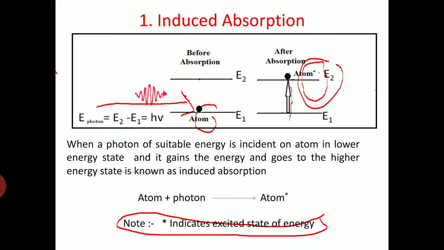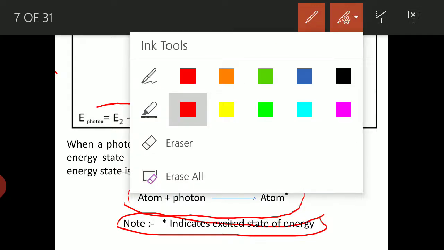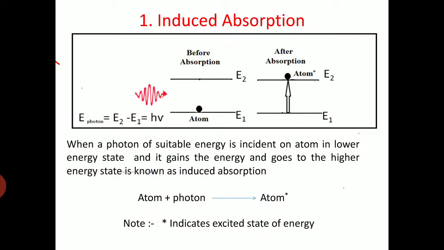This process we call induced absorption. It can be summarized as atom plus the external photon results in atom star. That atom star indicates it is in a higher energy state. This is known as induced absorption.